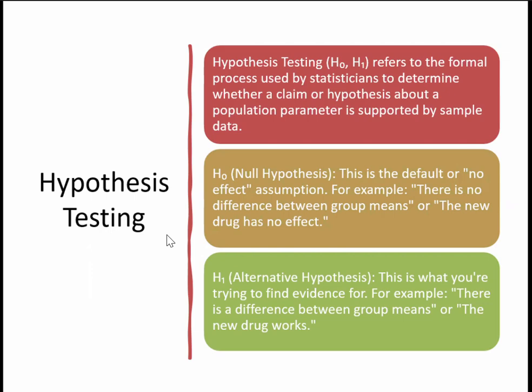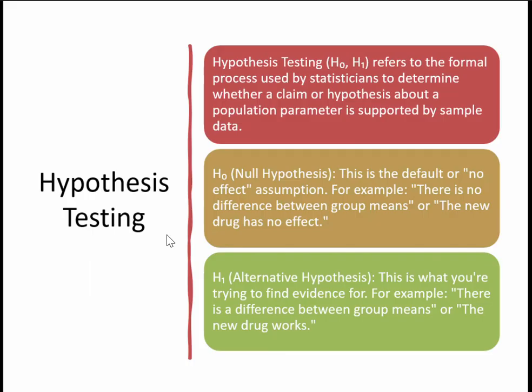So hypothesis testing is a formal process that is used by statisticians to determine whether a claim is true or false, and it's supported by data. So the keyword here is it has to be supported by data. If you're claiming that exercising increases blood circulation, can you prove that?